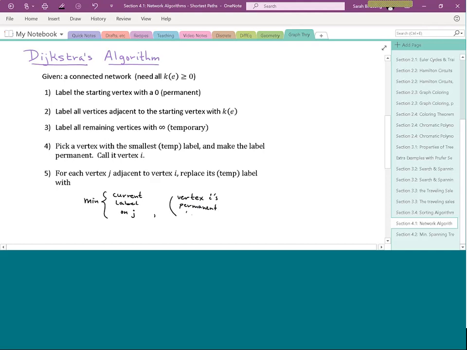In other words, you've already found the shortest way to get to vertex I. So this should be an actual integer, some sum of the edges that you had to travel to get to I, plus whatever additional edge you had to travel over to get from I to j. So this would be whatever the value is of the edge E, where E is the edge from I to j.